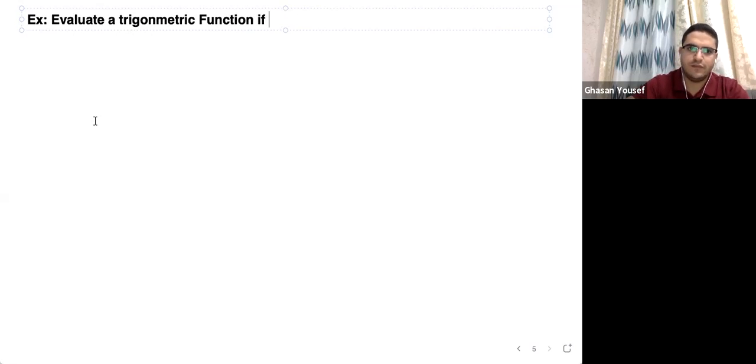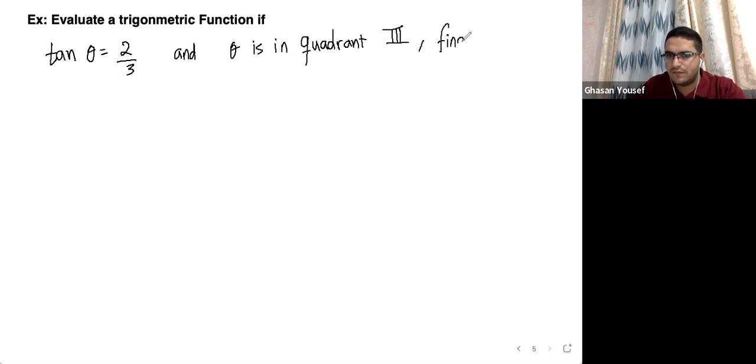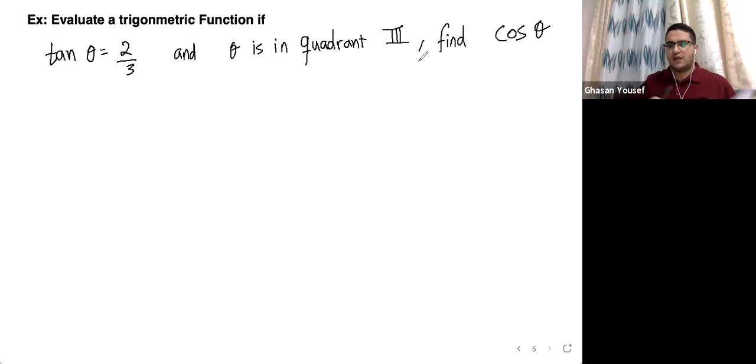If the tan of theta is 2/3, and this theta is in the third quadrant, find the cosine of theta. How can I find the cosine of theta?